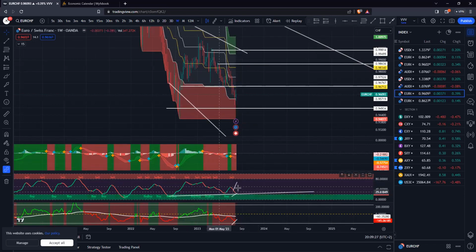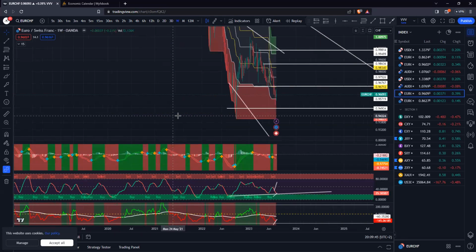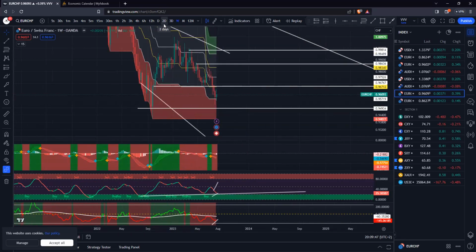Here is also something forming, but as you see, everything is in red right now, but we are also getting a divergence right there, a potential divergence between the volume inside the RSI. So that's also a thing. What I'm looking for, no other divergences right there.